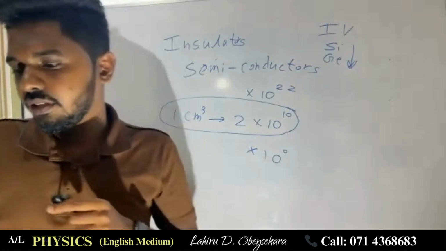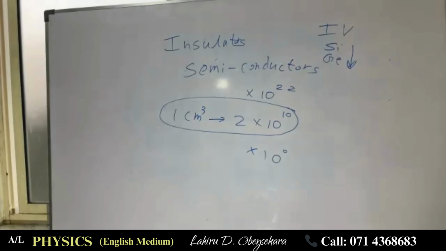Usually there are 2 into 10 to the power 10 free electrons in 1 cubic centimeter.